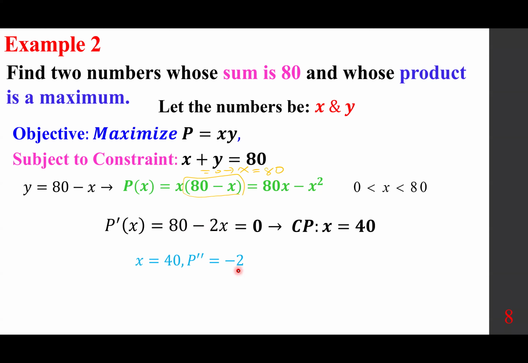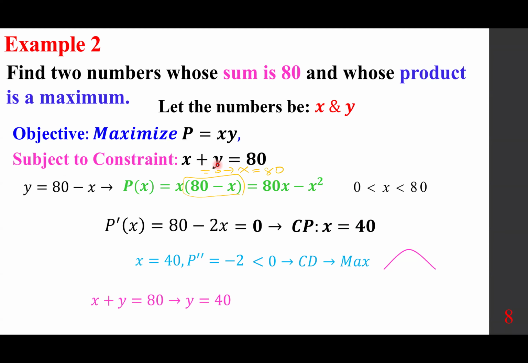So P double prime is negative. That's what matters, the sign. Negative means concave down, looking like that, and therefore it's a maximum at x equals 40. So if it's a maximum at x equals 40, you put it back into the constraint to find the missing y.